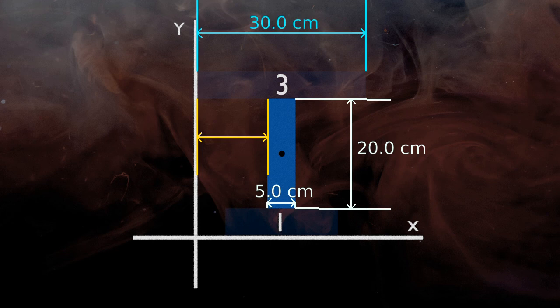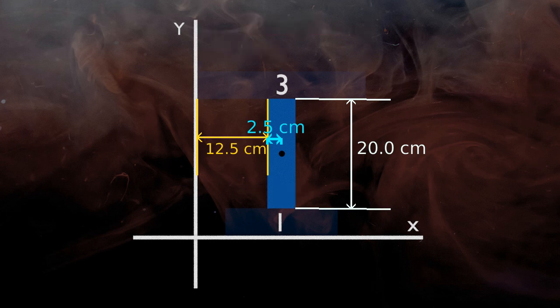Half of the top flange is 15 cm and half of the web is 2.5 cm. If we subtract these dimensions, we get a 12.5 cm distance from the y-axis. The distance from the x-axis is the same as the thickness of the bottom flange, that is 5 cm.